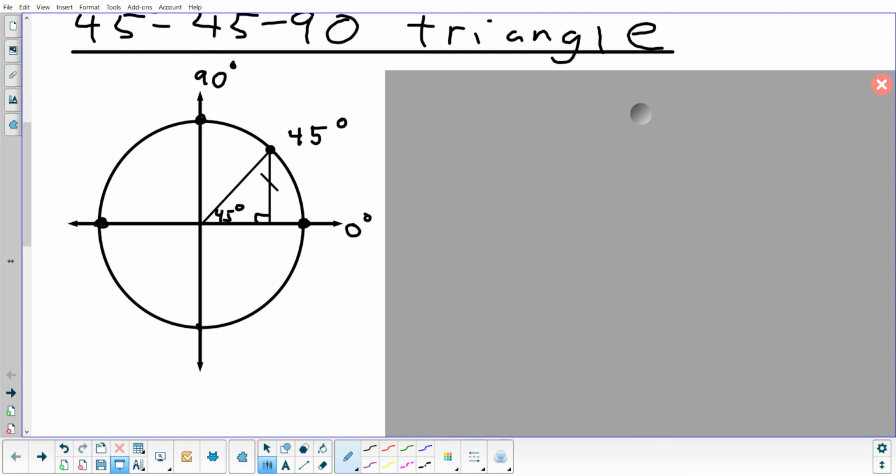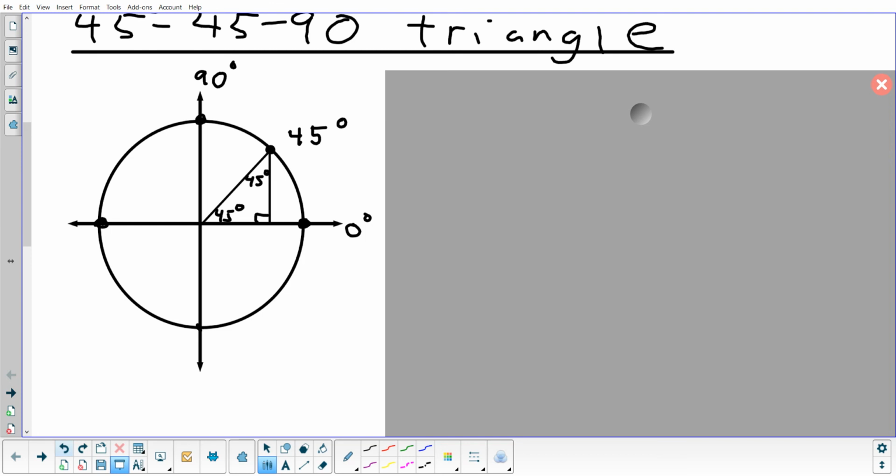Now, how about this angle at the top? What would that angle at the top have to be? 45. It would have to be 45 because they all have to add up to 180. So what we've got here is a 45, 45, 90 right triangle. And it's a special right triangle. And there is one side that we already know.